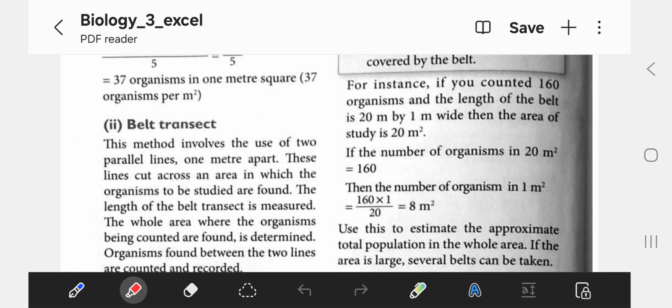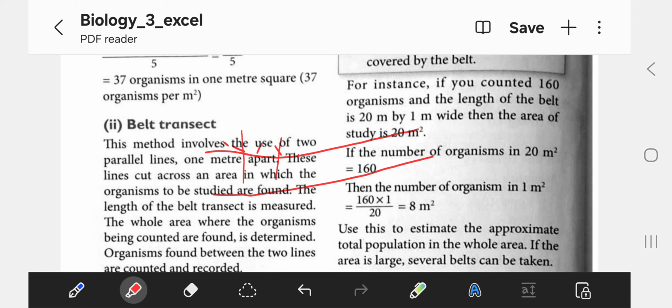So what normally happens is that you can have a line like this one, a line like this one, and then you have to count how many plants are between the lines, and then you have to record the number.